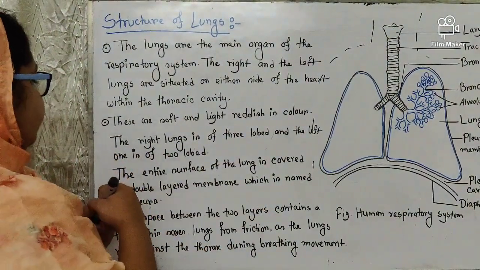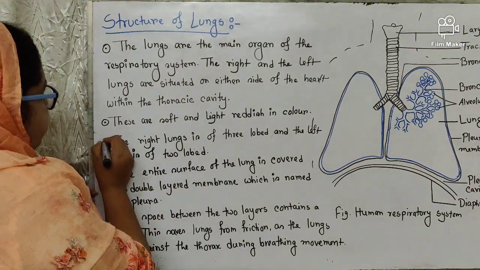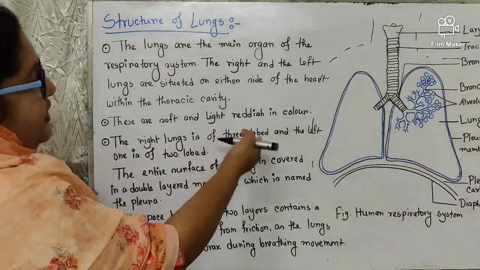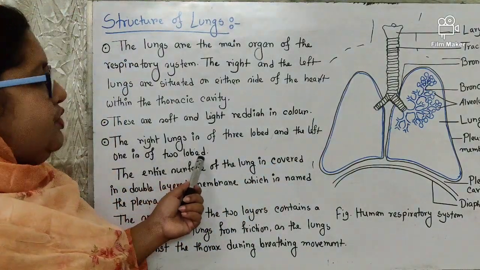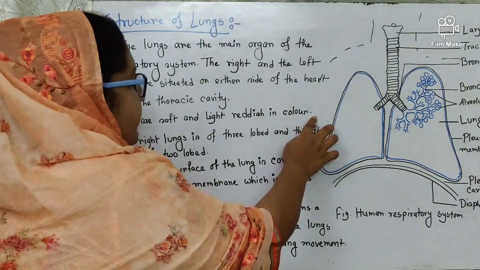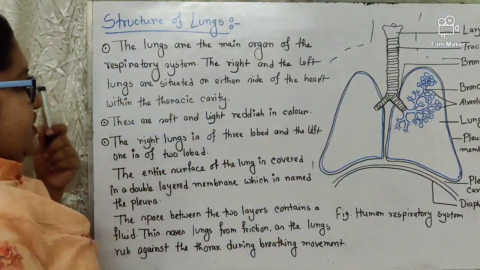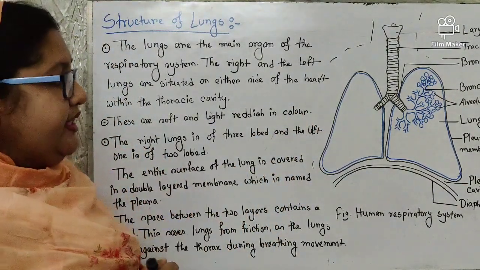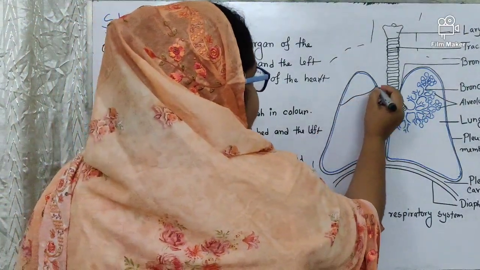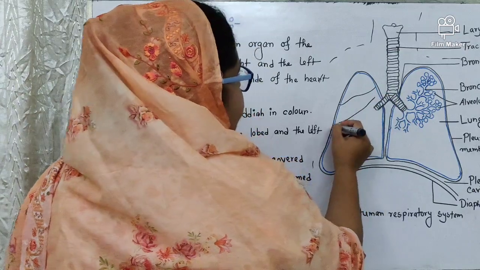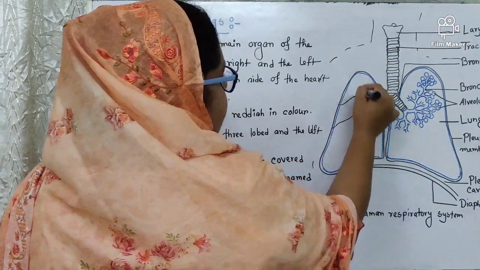Okay. Next point. The right lung is 3-lobed and the left one is 2-lobed. That means the right lung has 3 lobes. If this is the right lung, it is divided into 3 lobes, just like this. These are the lobes.